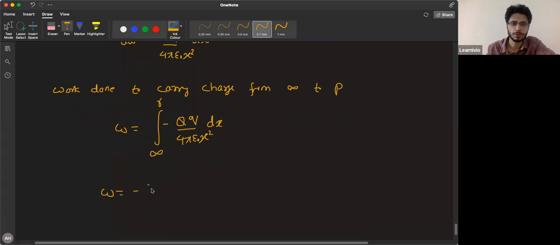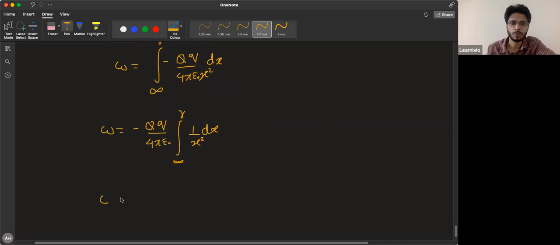Capital Q is constant, small q is constant, 4 pi epsilon naught is constant. You are left with just 1 by x squared dx. So work done is minus of Qq over 4 pi epsilon naught times the integral of 1 by x squared, which is x to the power minus 2 plus 1 over minus 2 plus 1.